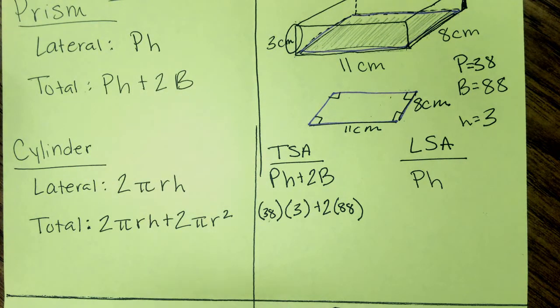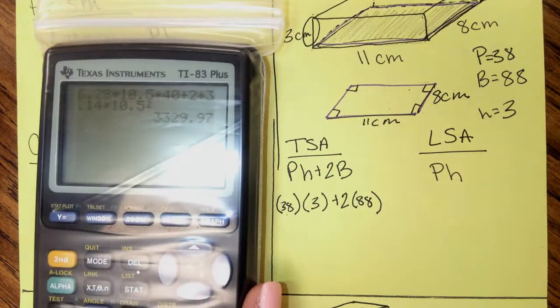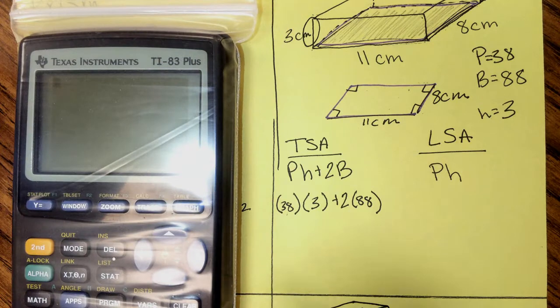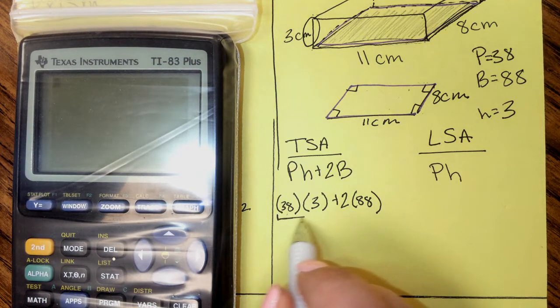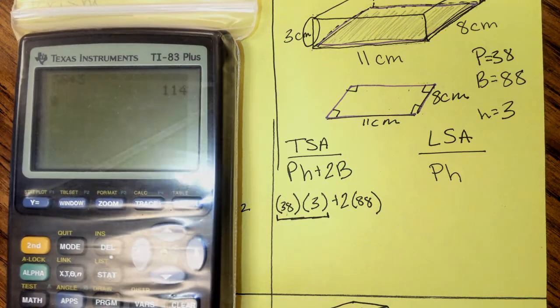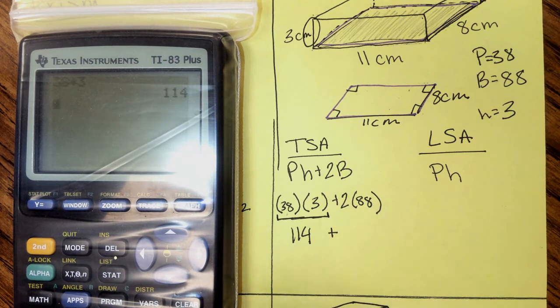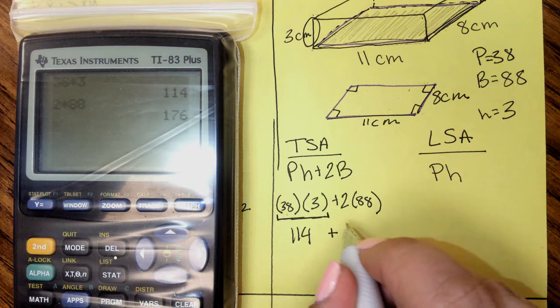Now I can use my calculator, and we can actually type all of this in. What I prefer to do is use order of operations and just type this first part in, 38 times 3. We get 114. Plus 2 times 88 is 176.